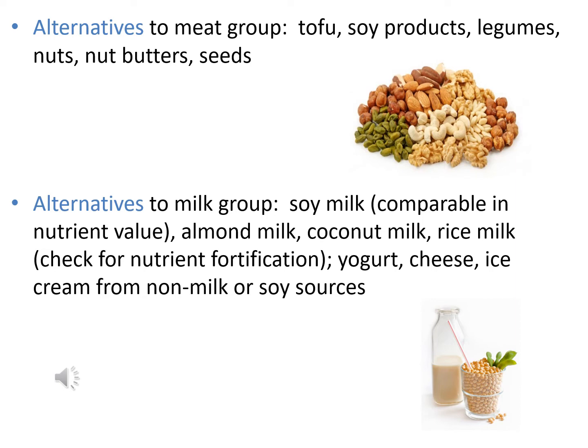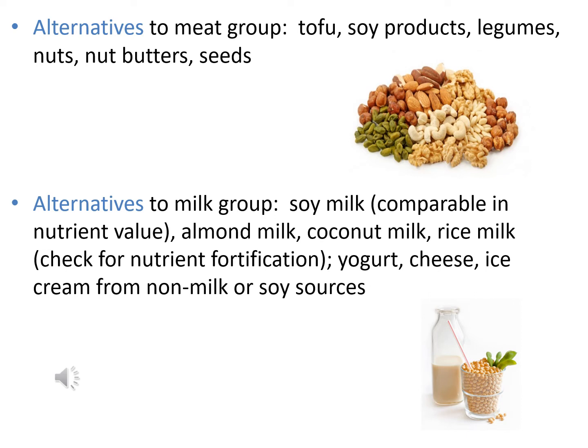Then what would be the alternative if somebody is excluding milk or dairy? Well, one option is soy milk. Soy milk is comparable in nutrient value when we're talking about protein content, calcium content, vitamin D content, as compared to regular animal milk or cow's milk or goat's milk.